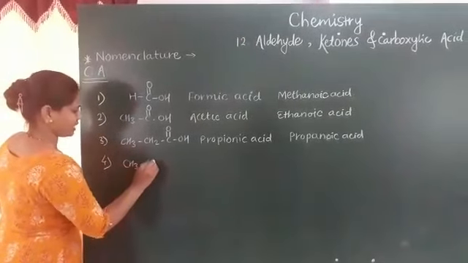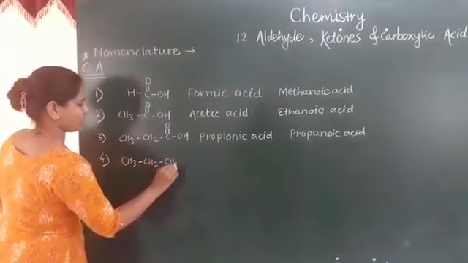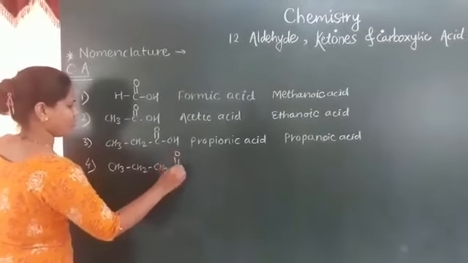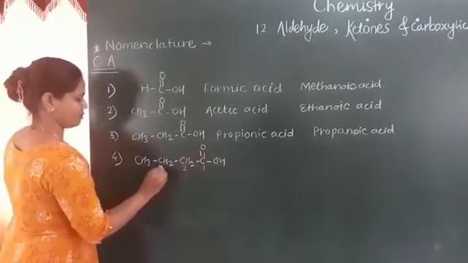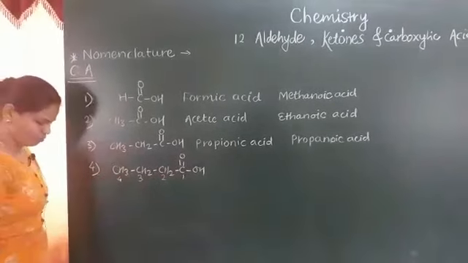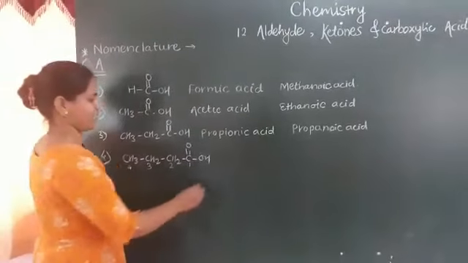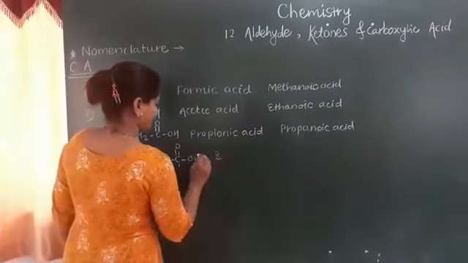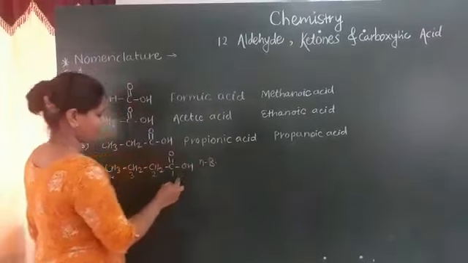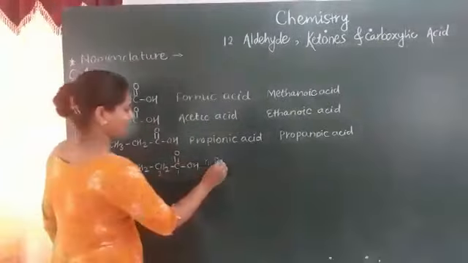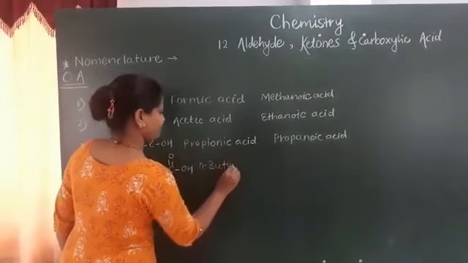Next example, CH3 CH2 CH2 C double bond O OH. Now in this, 1, 2, 3, 4 carbon atoms are given, so the name is butyric acid and in the common name the N prefix is used to show the straight chain. So n-butyric acid.